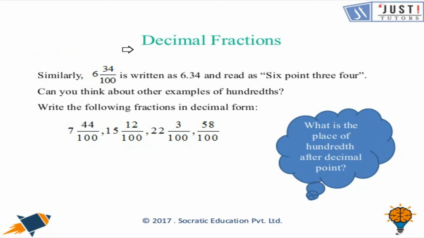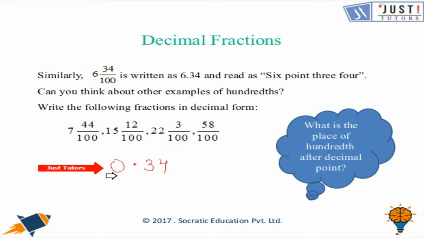Moving ahead, let's talk about some more questions. Have a look at this mixed fraction. It says 6 whole and 34 over 100 is written as 6.34. If we talk about just 34 over 100, it can be written as 0.34 or 34 hundredths.